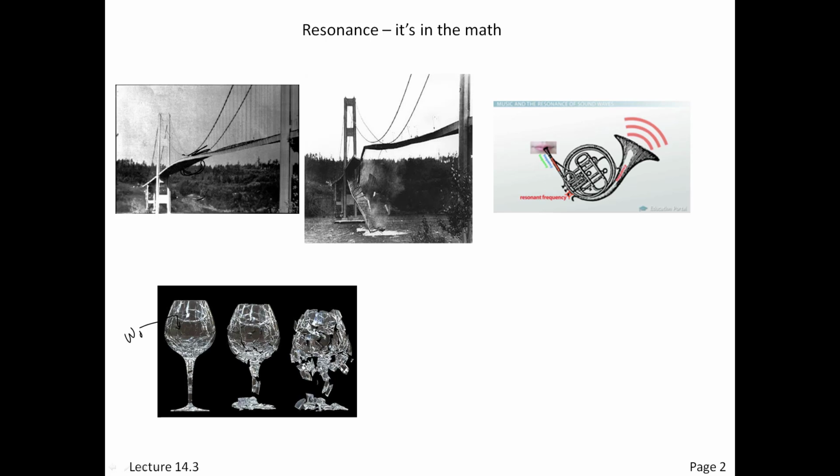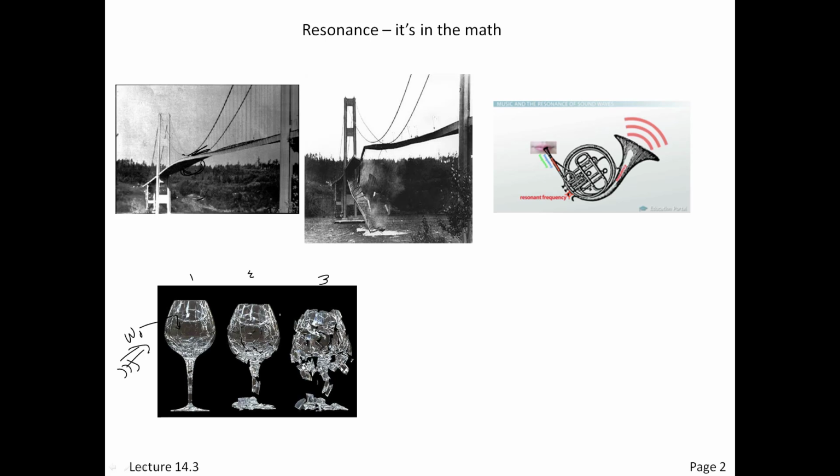And these are pictures of the glass in 3 steps, 1, 2, and then finally collapsing, where some sound has been introduced, as from the French horn here, although it didn't come from that, I can assure you. But some sound came, so the energy matched the resonant frequency of the glass material itself. And just like the Tacoma Narrows Bridge, it shattered.